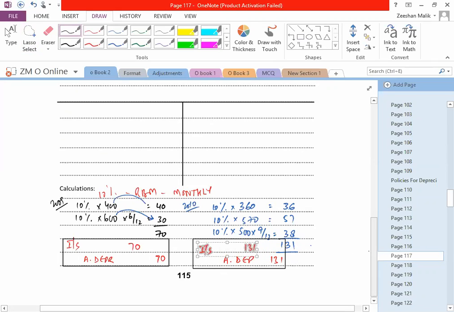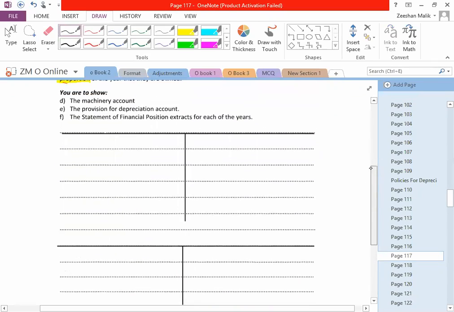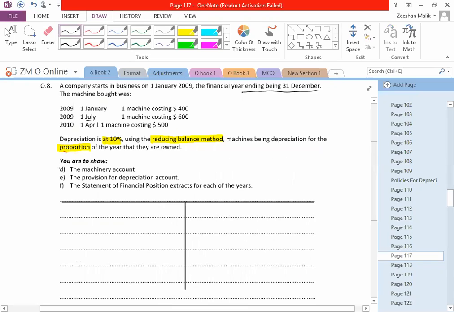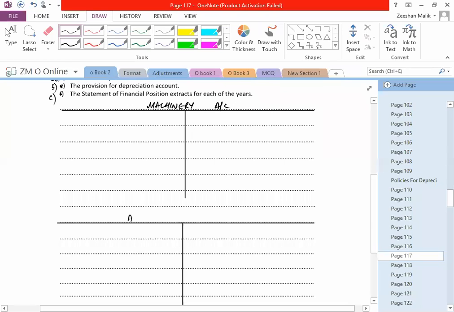Very nice. Today my target is T accounts. Look at the T accounts. You are supposed to make machinery account and accumulated depreciation account.